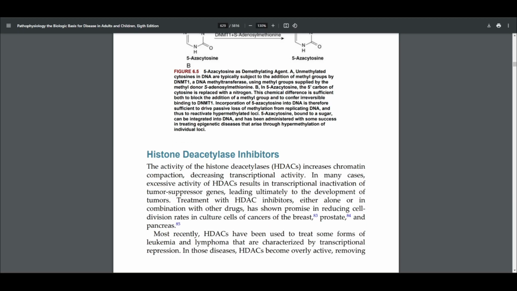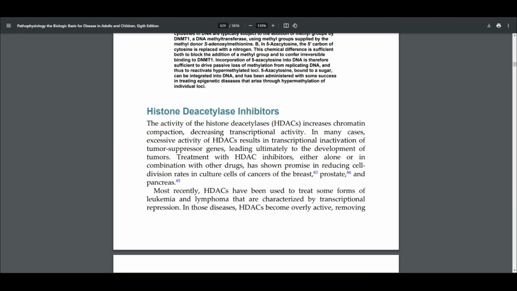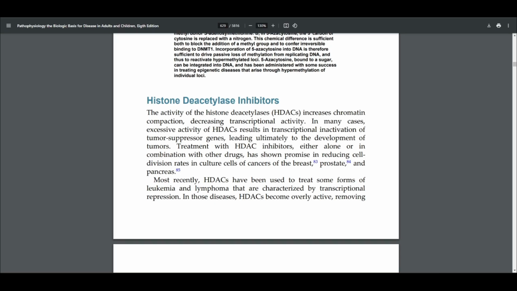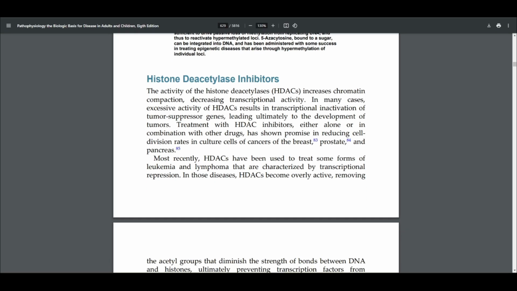And then histone deacetylase inhibitors. The activity of the histone deacetylases increases chromatin compaction, decreasing transcriptional activity.